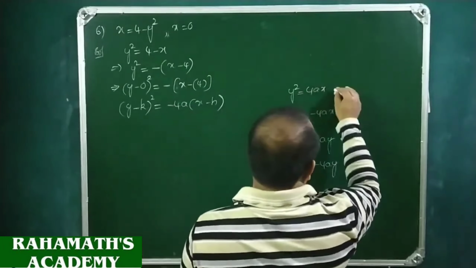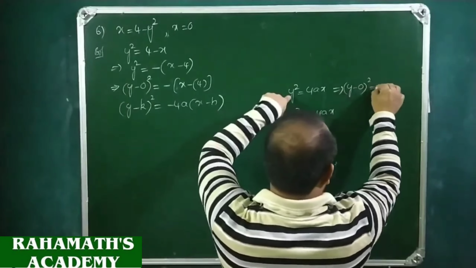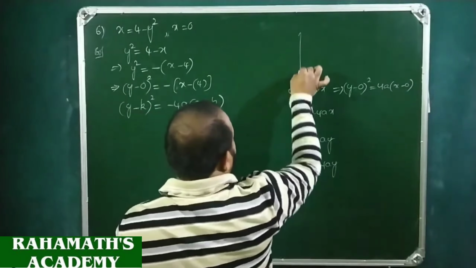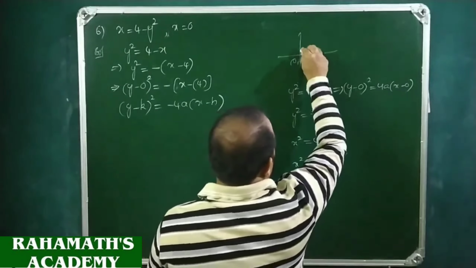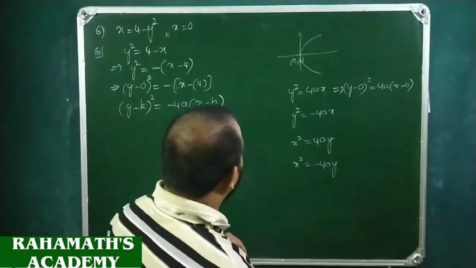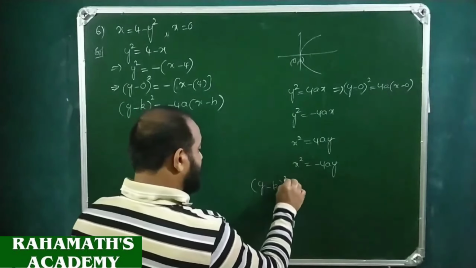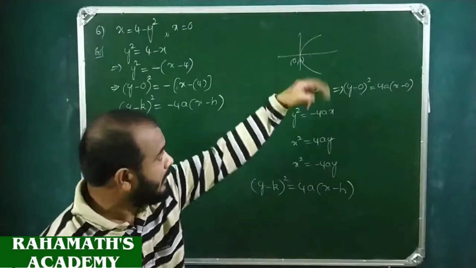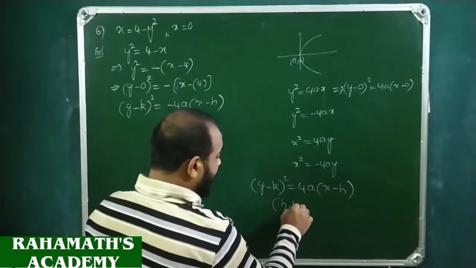Here this can be written as y minus 0 whole square equals 4a into x minus 0. That means this is 0, 0, the origin. Here y power is even, so it is symmetric about the x axis. But y minus k whole square equals 4a into x minus h is also the same kind of parabola, but with shifting of origin; here the vertex is h comma k.